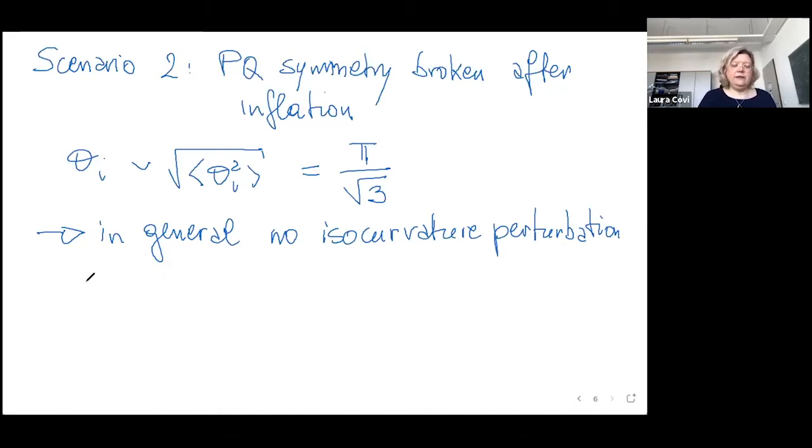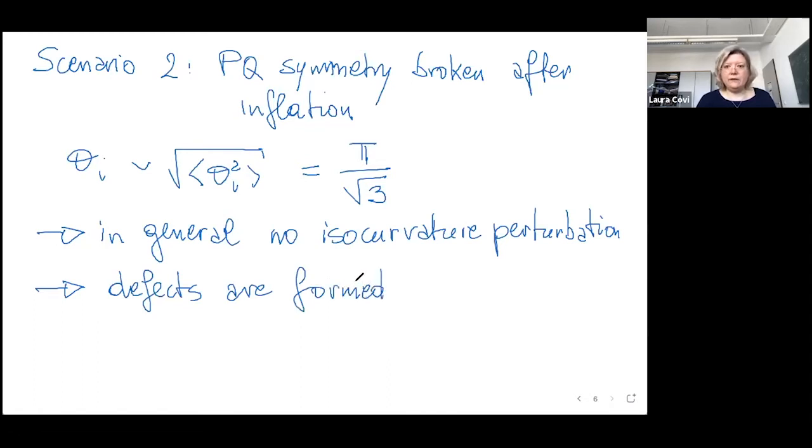But what you have is, of course, that if you break the symmetry after inflation, you have a formation of defects. And the defects are of two types. Of course, since you're breaking a U(1), the natural defect to form is a string. So you have strings for sure, always. And in some cases, you could also have domain walls. And these domain walls are present only if you have more particles.